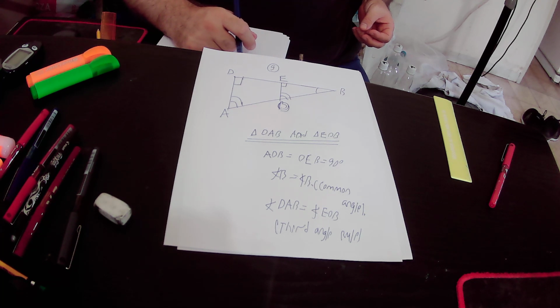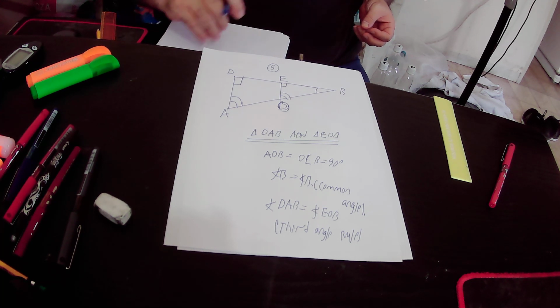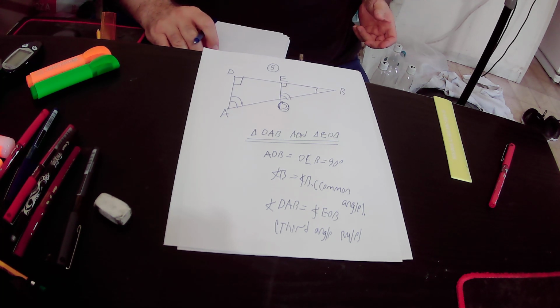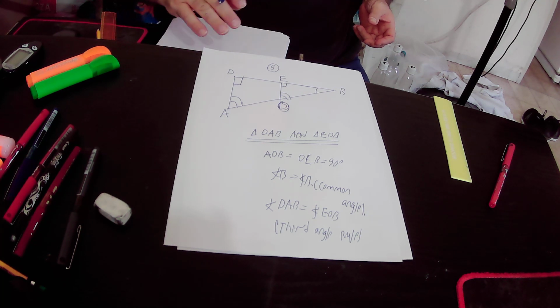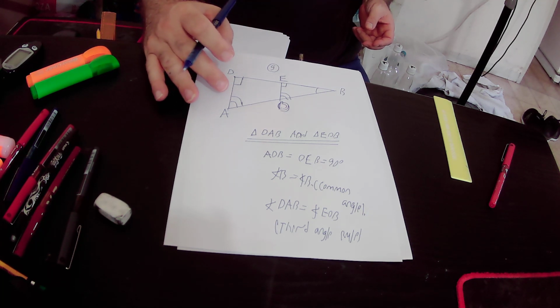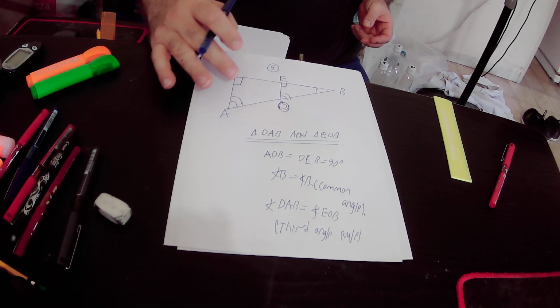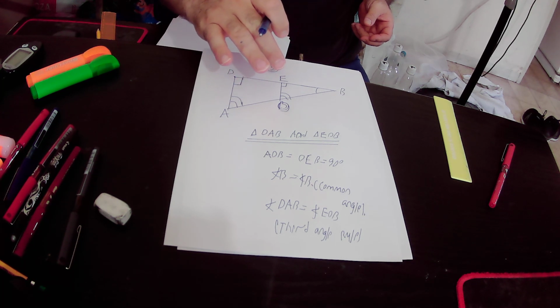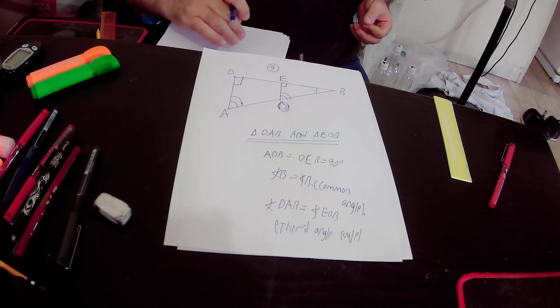Okay, so therefore we actually proved that all the angles in the big triangle ADB are equal to all the angles of the small triangle EOB.